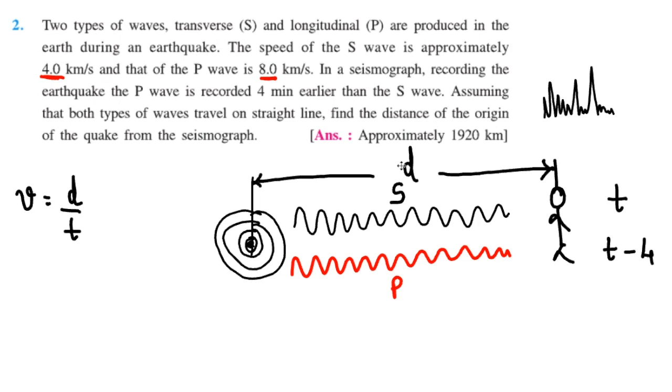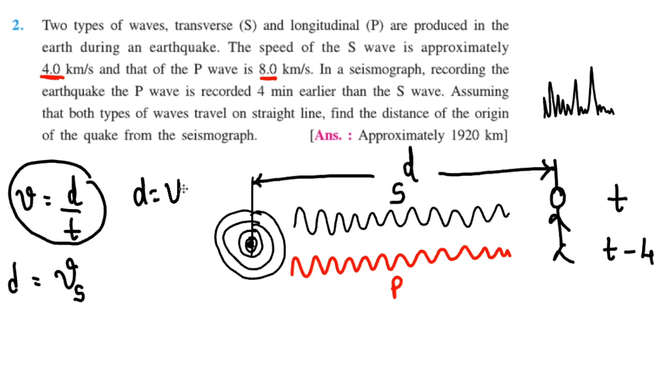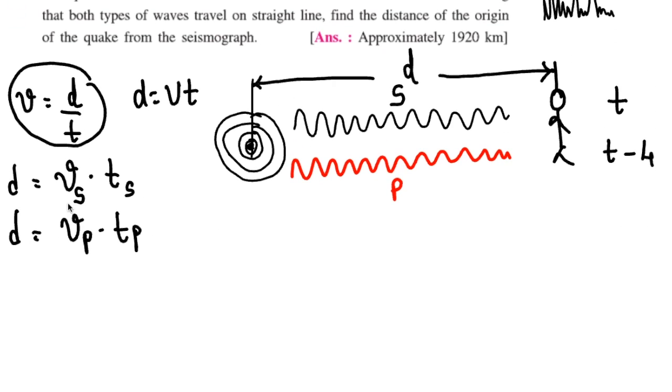Now for the same displacement we have different velocities. From this equation we can say that d is equal to vt, so d is equal to vs into ts, and my d also equals vp into tp. We know that velocity of S wave is 4 km per second, it is given, and velocity of P wave is 8 km per second.